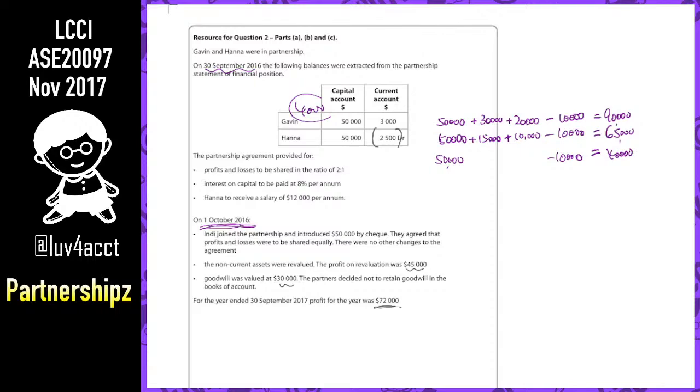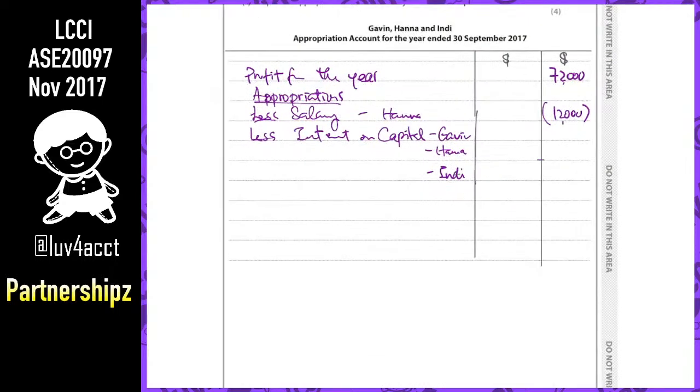That means 90,000 at 8% interest would be 7,200, 65,000 would be 5,200, and 3,200 for Indy. So 7,200, 5,200, 3,200.